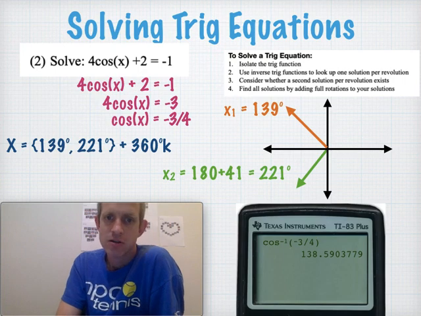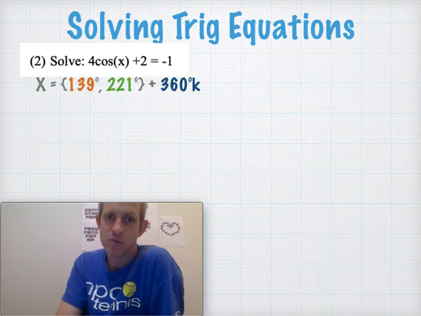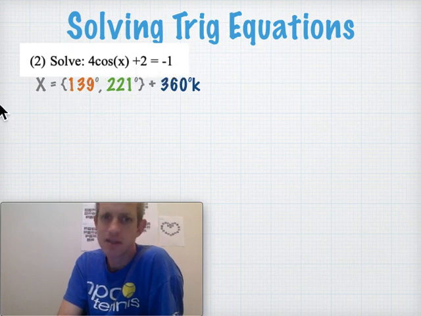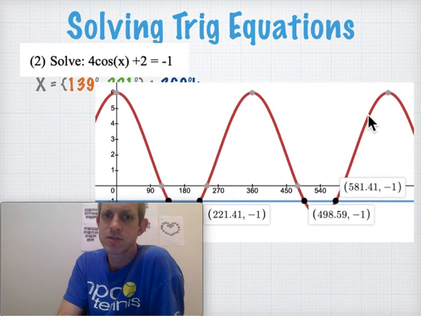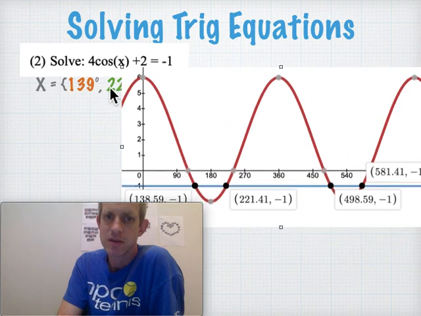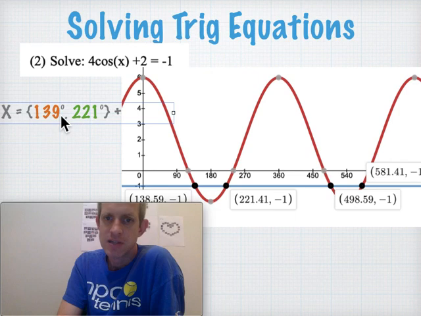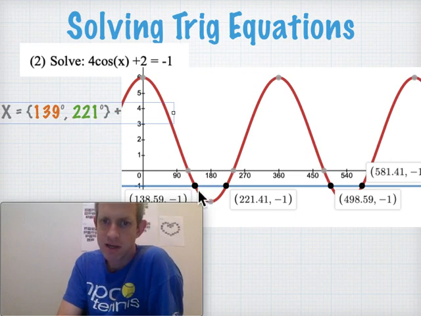I wanted to take a look at a graph of this for a moment. Here is the same sort of problem, and I graphed the left-hand side and the right-hand side and produced a picture like this in Desmos. The answers, I want you to see here, are intersections. Right down here, this intersection was the 139 that we got. This intersection over here is 221.